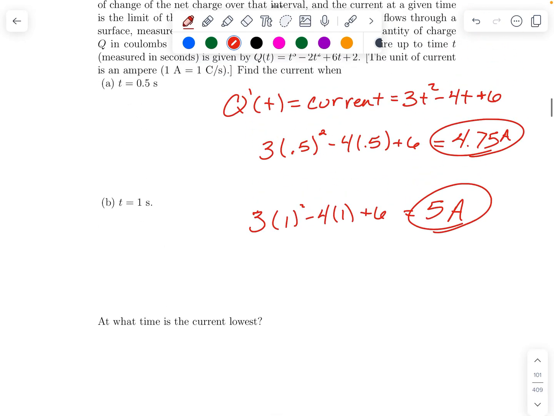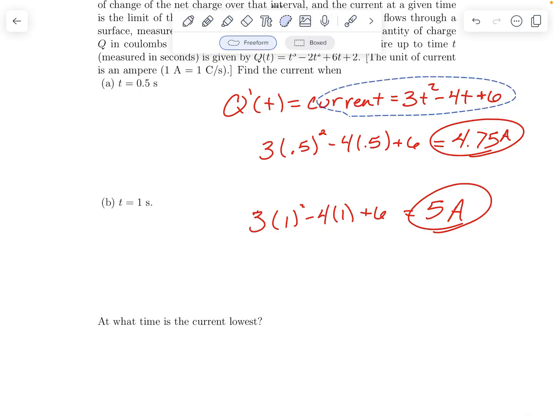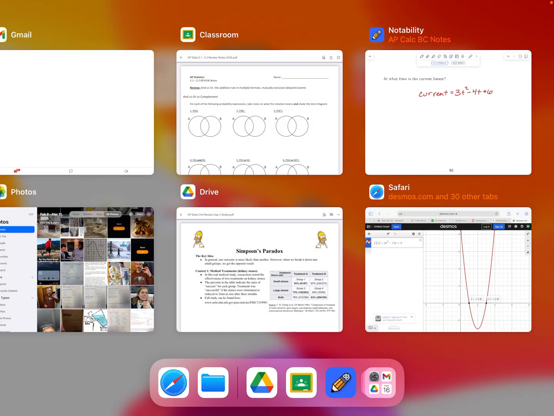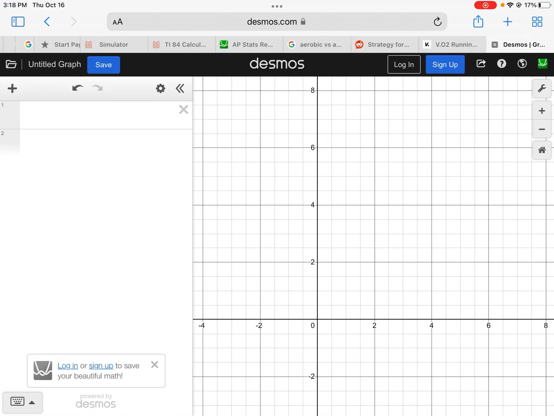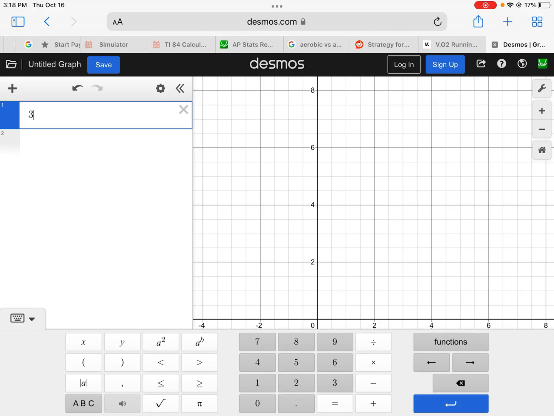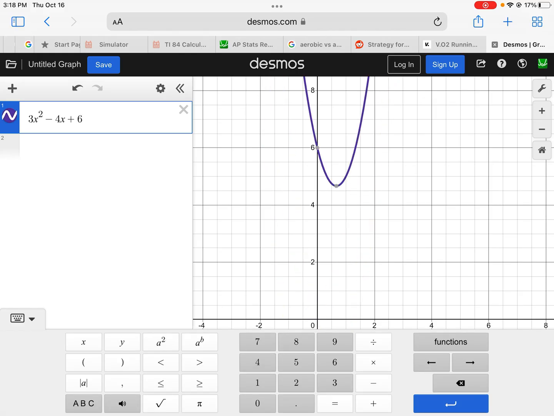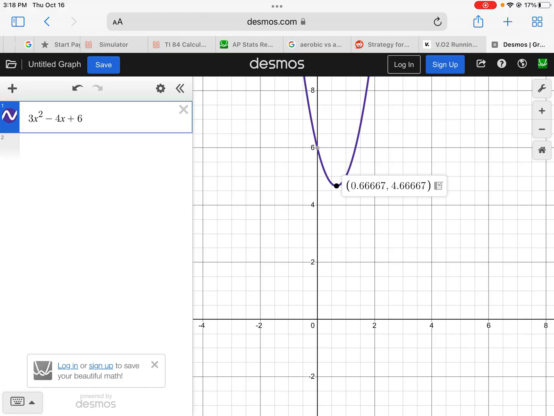We need to graph this function right here, 3t squared minus 4t plus 6. So we graph it, and we find its minimum at x equals 0.6 repeating.